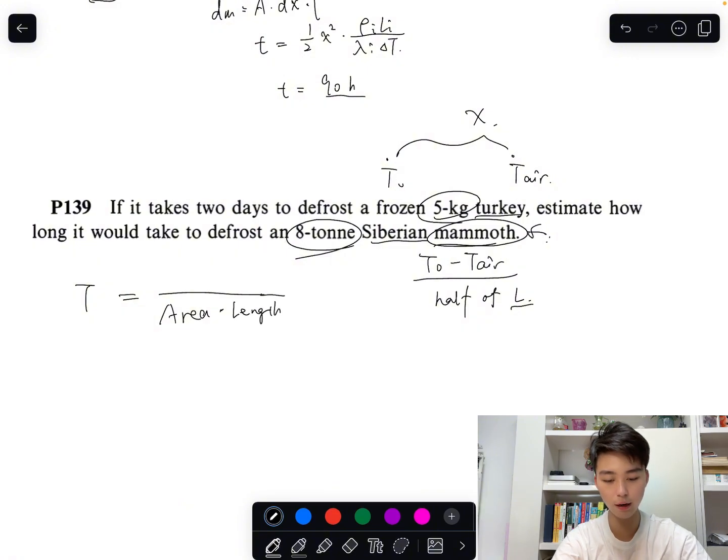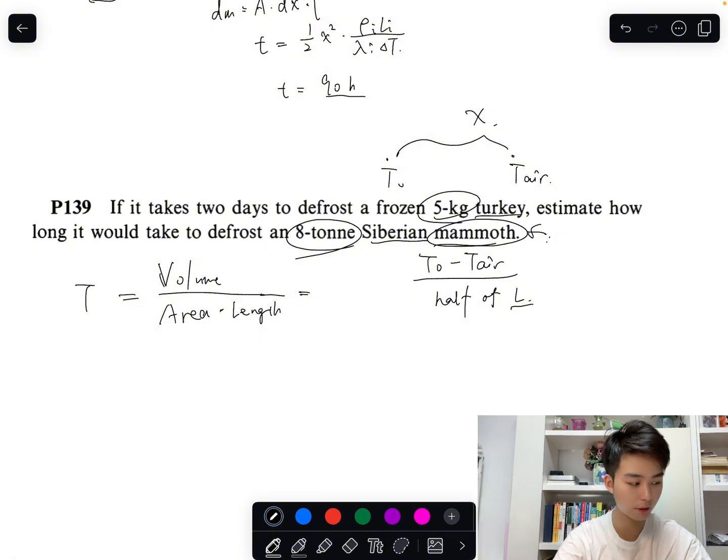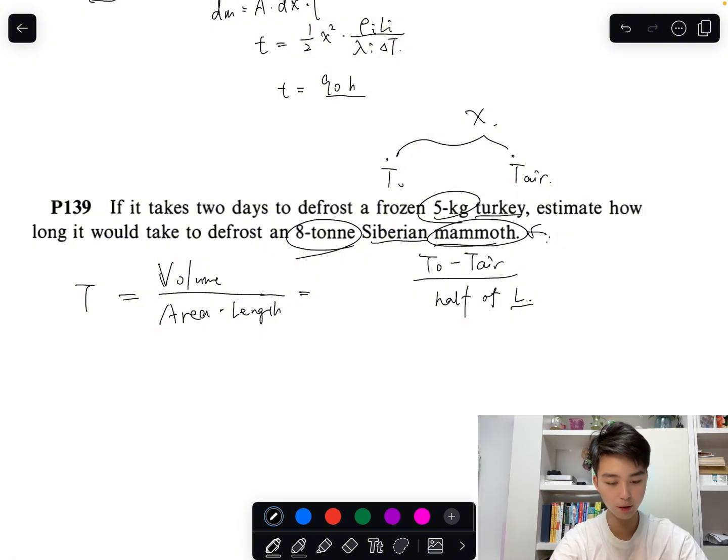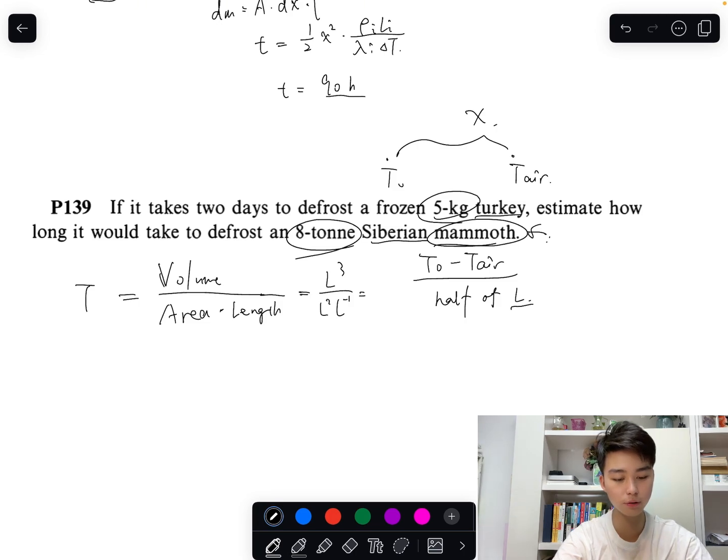and here we have the total energy for the latent heat, and it is proportional to volume, and we can multiply them together. We have L cubed over L squared times L to the minus 1. So here we are going to apply this.